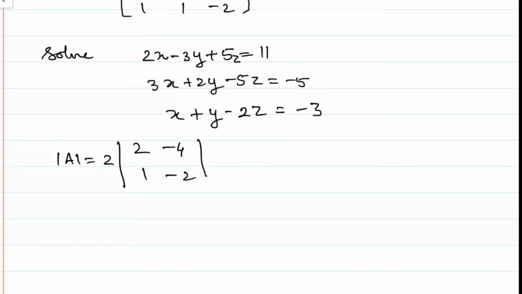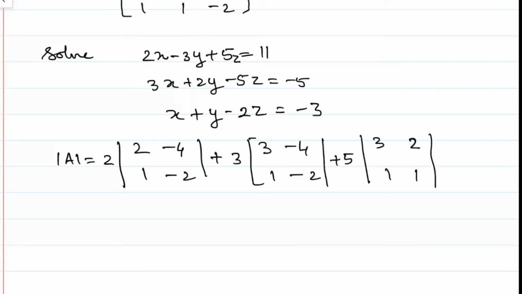Let us find determinant of A. Determinant of A is equal to 2 into (2 into minus 2 minus minus 4 into 1), minus minus 3 into (3 into minus 2 minus minus 4 into 1), plus 5 into (3 into 1 minus 2 into 1).